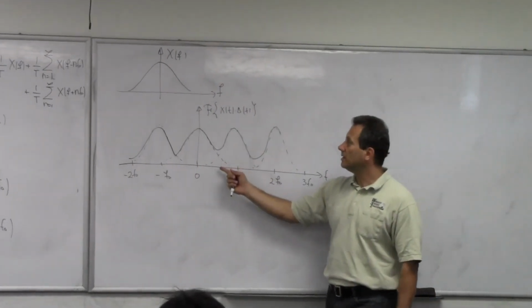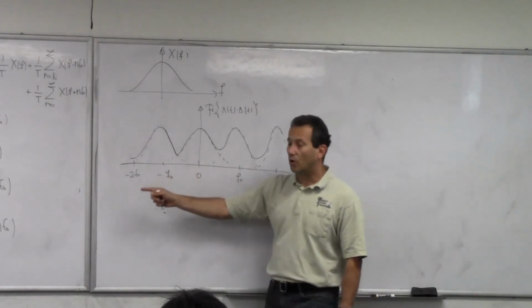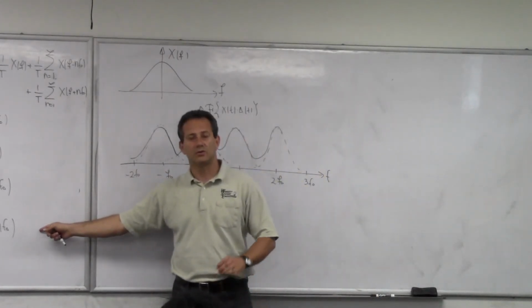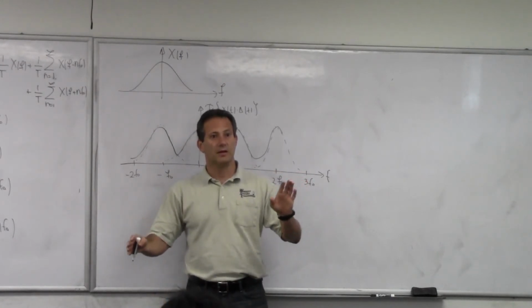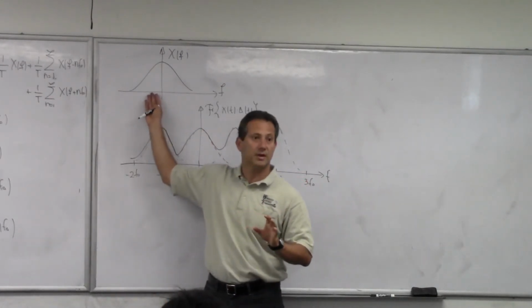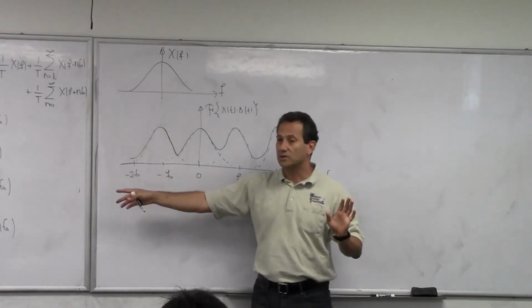I draw it deliberately this way to tell you that this is true always. I didn't have to assume anything in terms of the relationship between sampling interval and the highest frequency in the spectrum of this signal. And this always holds.